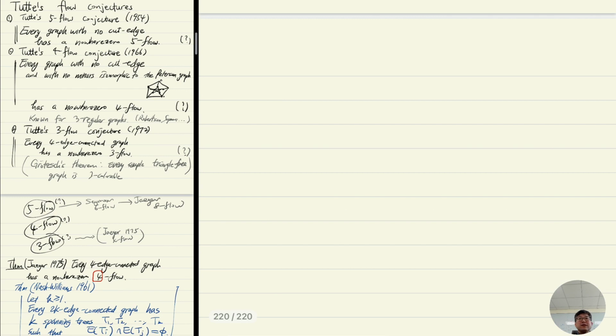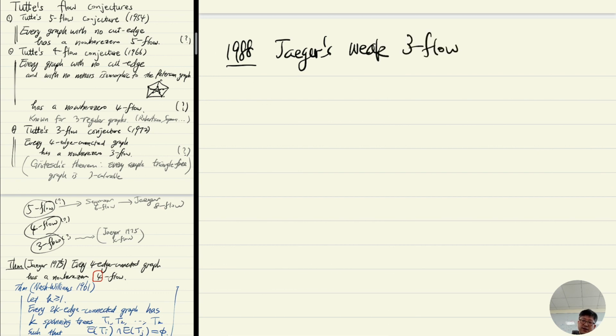How about the 3-flow conjecture? The 3-flow conjecture says that every 4-edge-connected graph has a nowhere-zero 3-flow. As a weakening, in 1988, Jaeger conjectured something called the weak 3-flow conjecture.